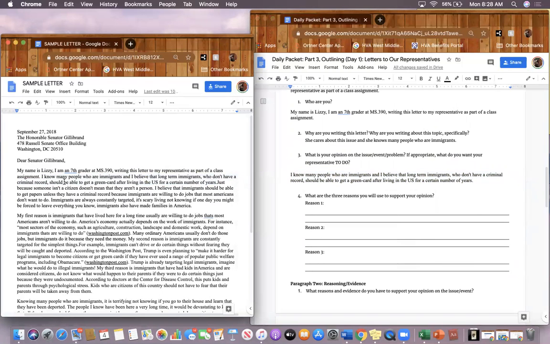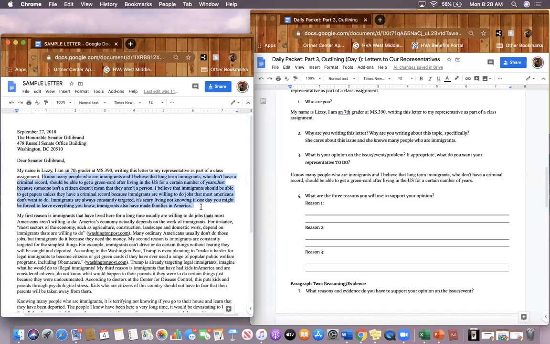So here we go. I know many people who are immigrants, and I believe that long-term immigrants who don't have a criminal record should be able to get a green card after living in the US for a certain number of years. Just because someone isn't a citizen doesn't mean that they aren't a person. I believe that immigrants should be able to get papers unless they have a criminal record because, okay, so I see that word because, so I know reasons are coming.